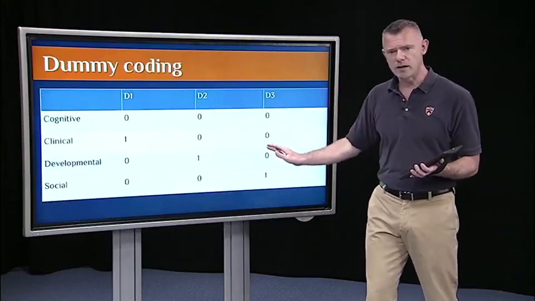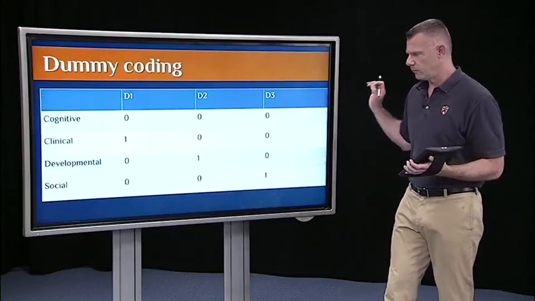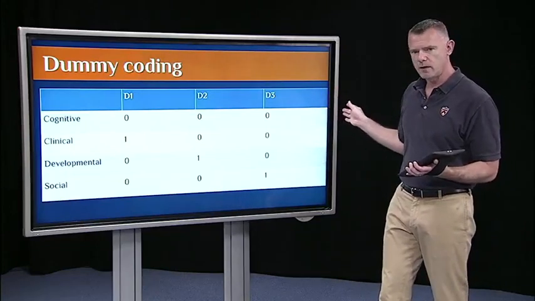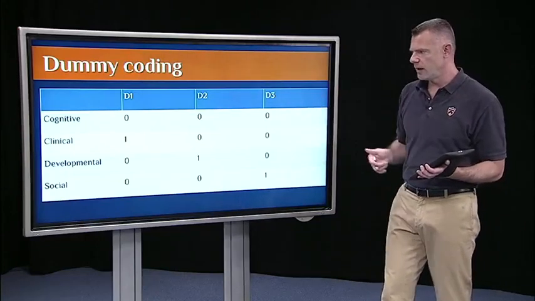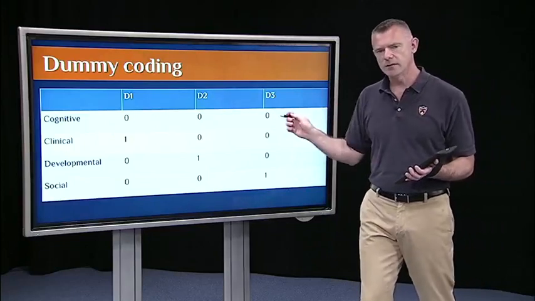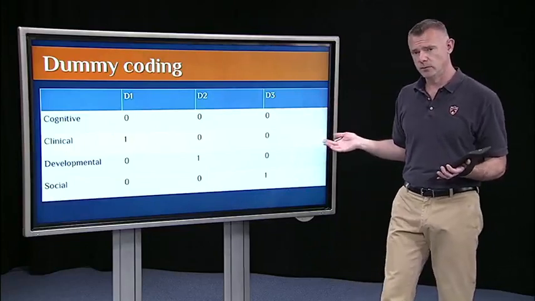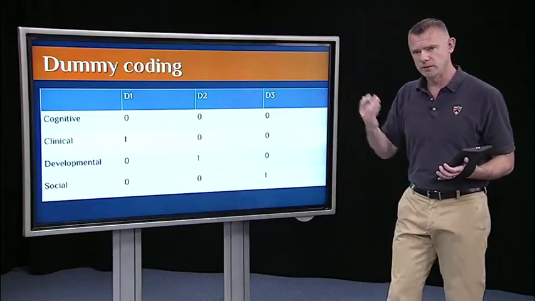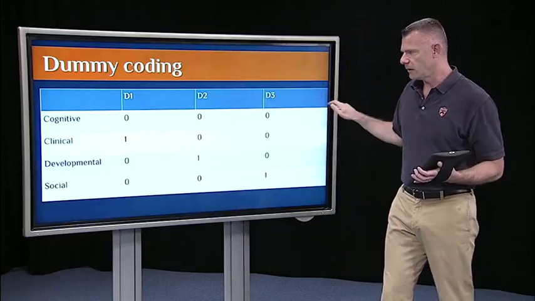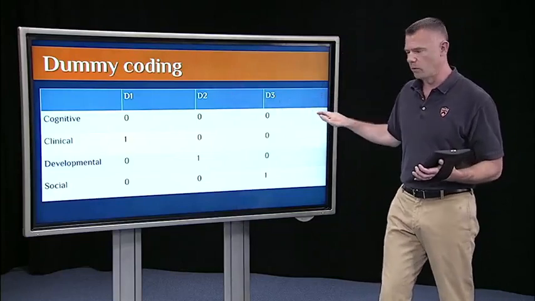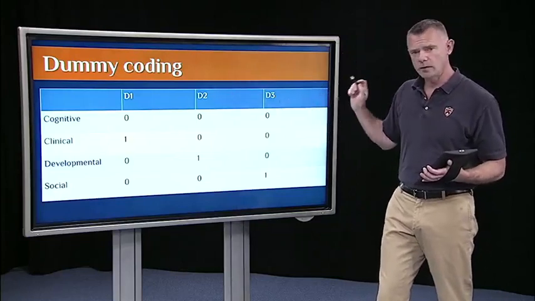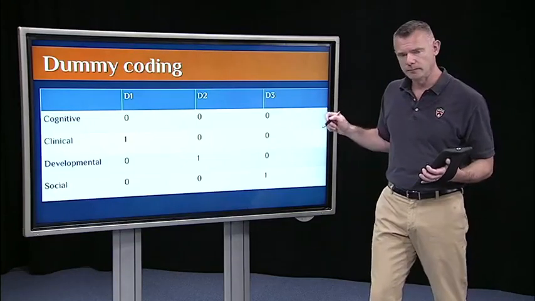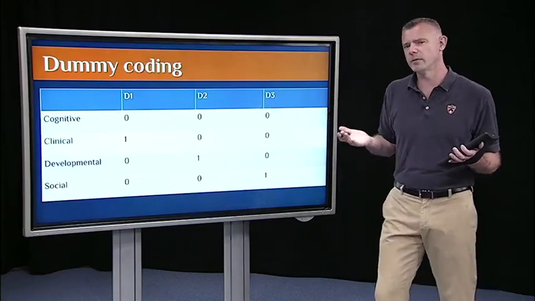This is a simple scheme to put a numeric value on each of these groups, and I'm using cognitive as what's called the reference group. And I did that because I'm a cognitive psychologist, so for me that was easy to remember that cognitive is going to get zeros across the board for dummy code 1, dummy code 2, and dummy code 3. So why do I have 3 dummy codes?